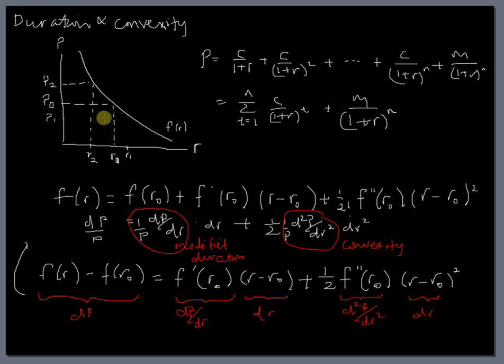Okay, so let's relate these two equations to the graph. You can see that there's this dP over dr here, which is basically the gradient of the point which you are interested in. So let's go back to here. Let's assume that we are interested in R0. We bought the bond at R0. The gradient is given as such.